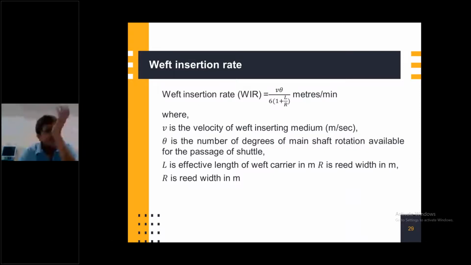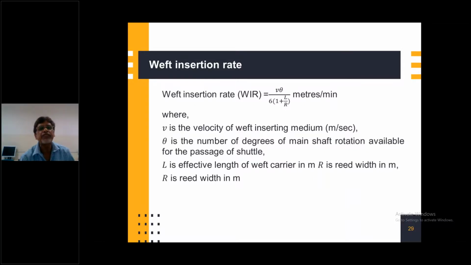All the shuttleless machines, whether rapier, air-jet, water-jet or projectile, have been developed from the fundamentals of this equation. For given L and R, if R is high, the L by R ratio is almost negligible. Then the weft insertion rate is proportional to V and theta.